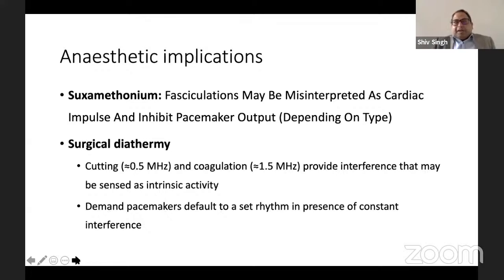So for the anesthesia part, we know that if you use suxamethonium, it causes fasciculation. And sometimes this fasciculation can be misinterpreted as cardiac impulses. And this could lead to inhibition of pacemaker output, depending on the type of pacemaker. The other worry is obviously surgical diathermy. I talked about it last time. And it can interfere again with the sensing unit.